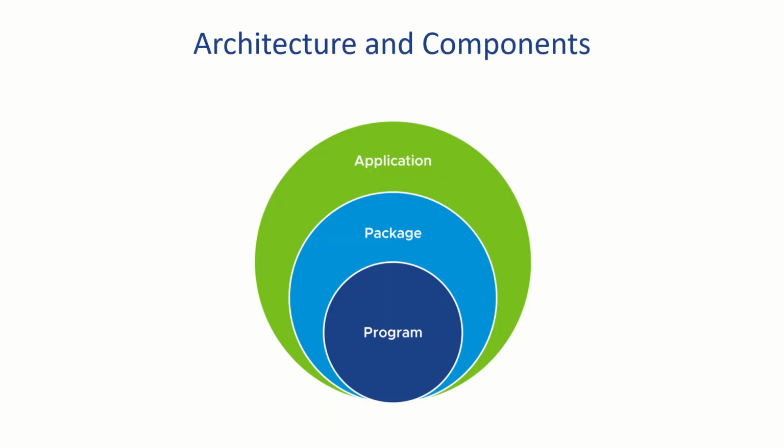Talking about the architecture and components, with App Volumes we call it SAM, that's Simplified Application Management. It improves the way the application lifecycle is managed, instead of capturing applications in objects called AppStacks.